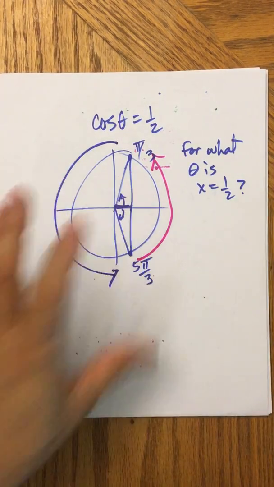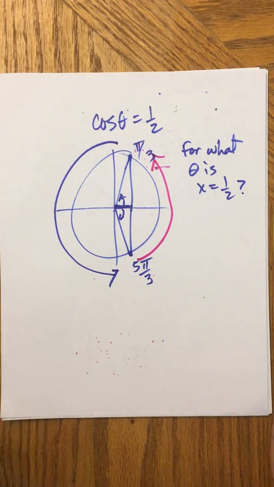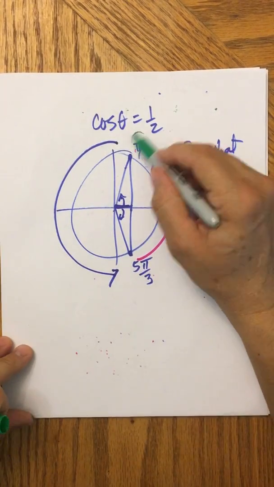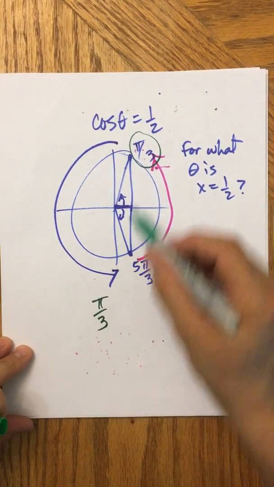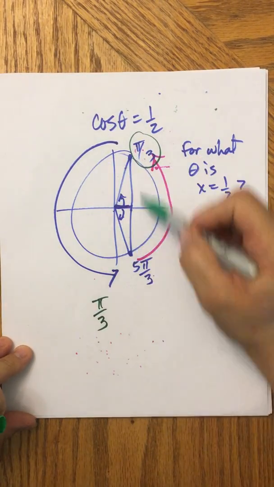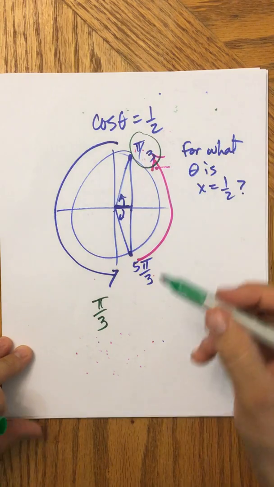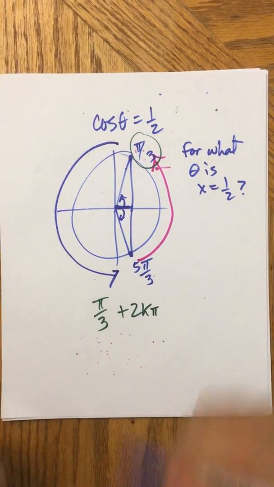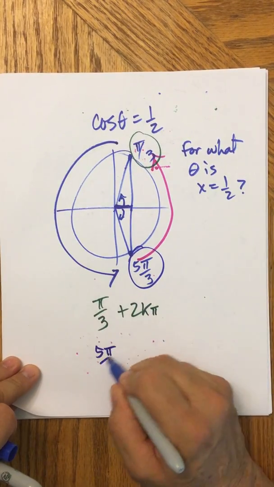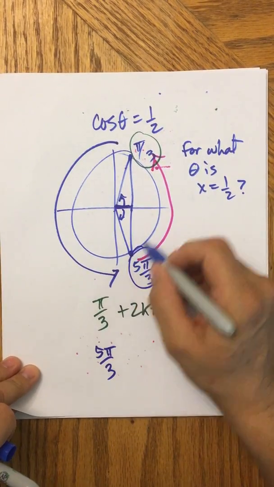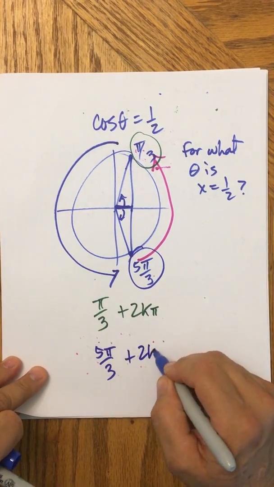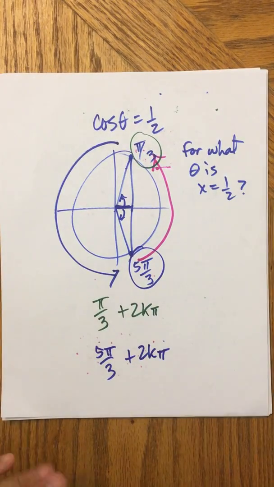And when I see that they're not equidistant, they're not the same amount of rotation, then I know I'm going to have to just say, give me this one, pi over 3, and at least I can go around 2 pi in either direction, positive or negative, and I will capture them all. And then give me this one, 5 pi over 3. And again, if I'm standing here and I go 2 pi or negative 2 pi, I'll capture all of them. And that's what I'm showing you here.